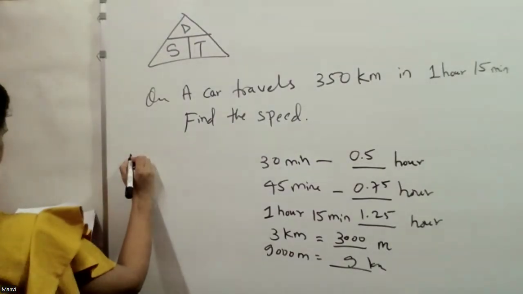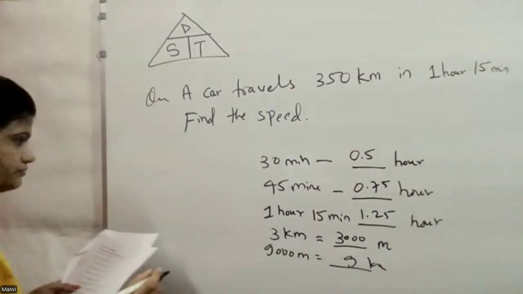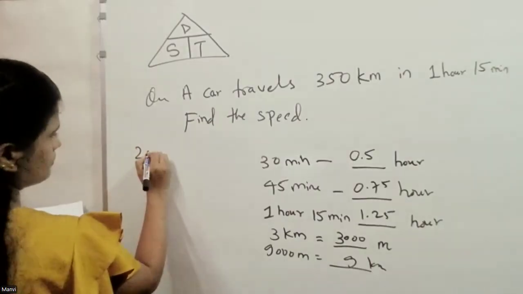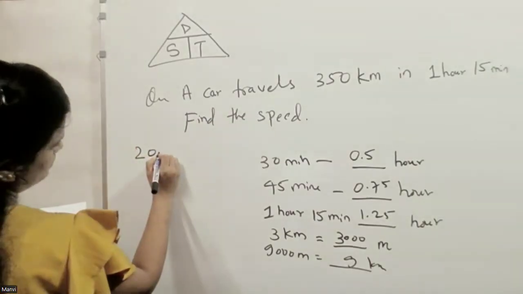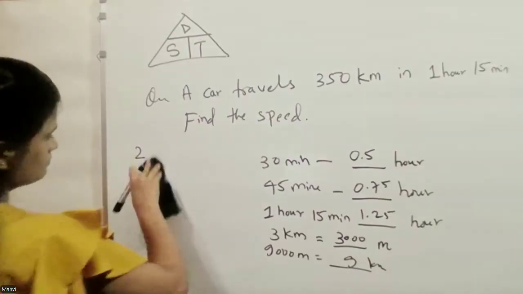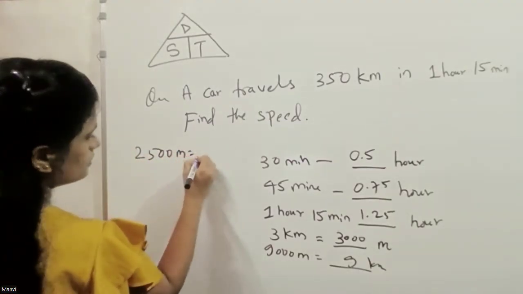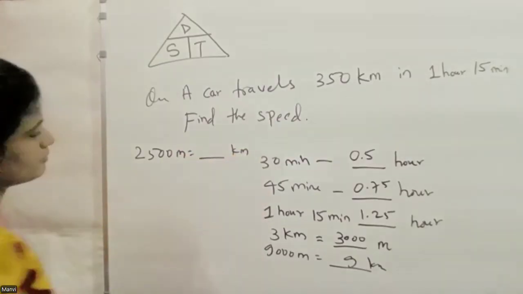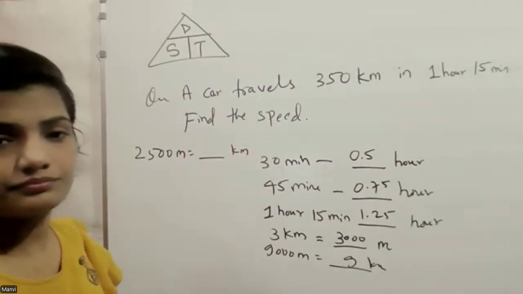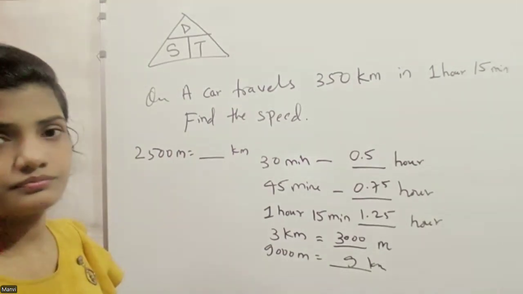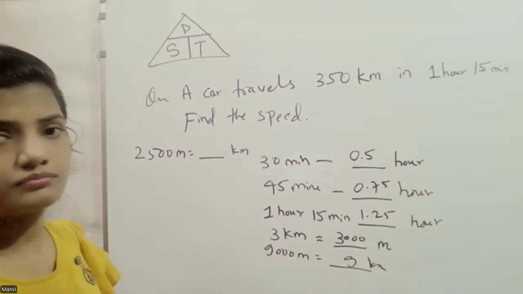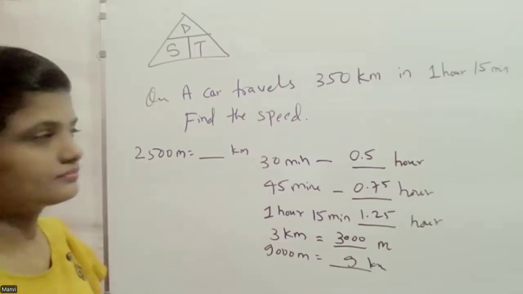Now, 2,500 meter equals how many kilometer? 2.5.